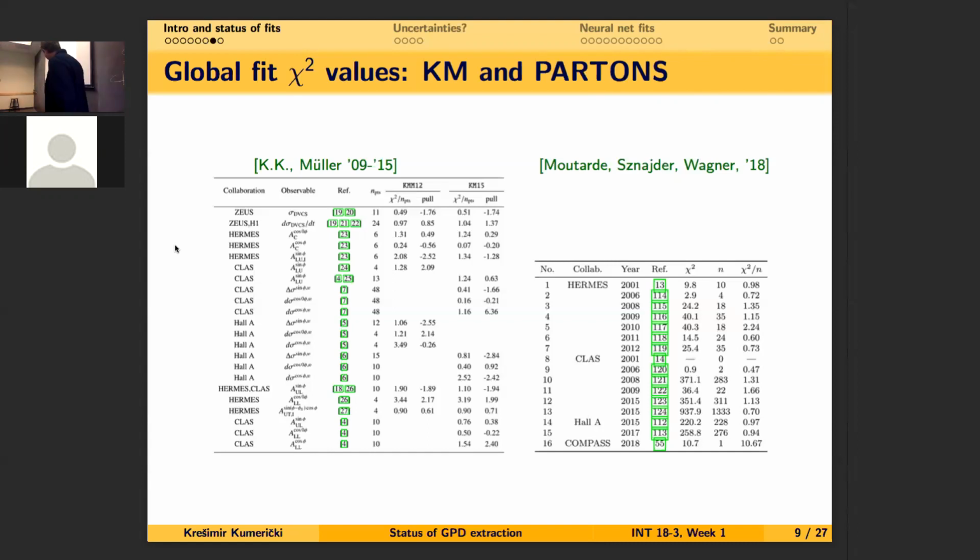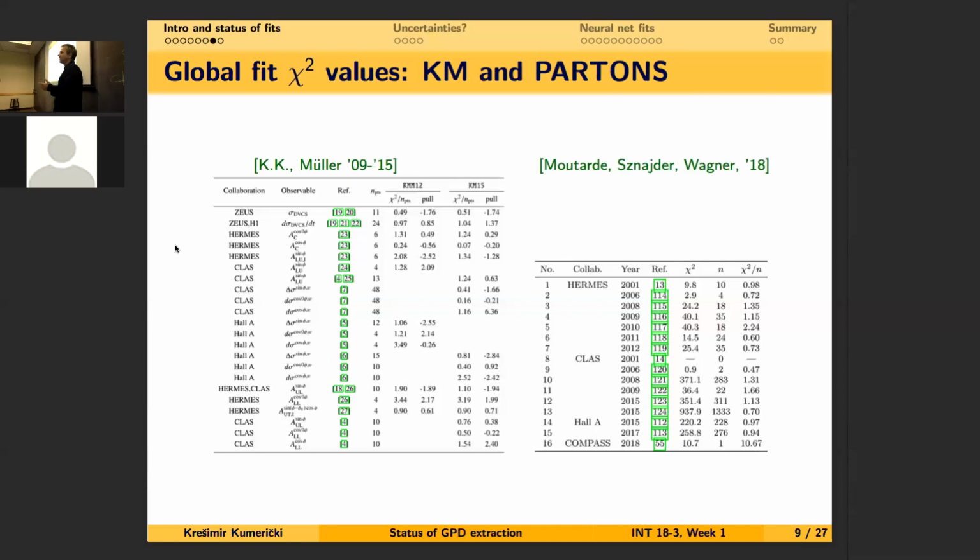And we also include Hall A total cross-section. They work mostly with the Hall A cross-section difference between two beam polarizations. This cross-section difference is somewhat easier to describe, and the Hall A total cross-section, which is the most precise measurement in this world fit, has always been some sort of a problem for the fits.